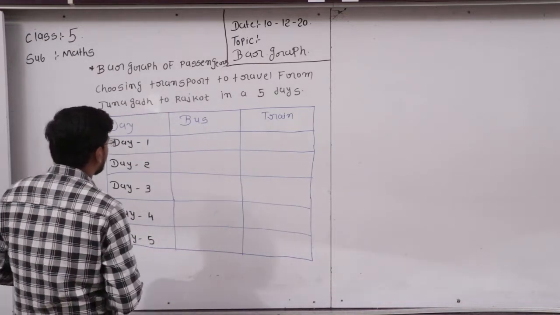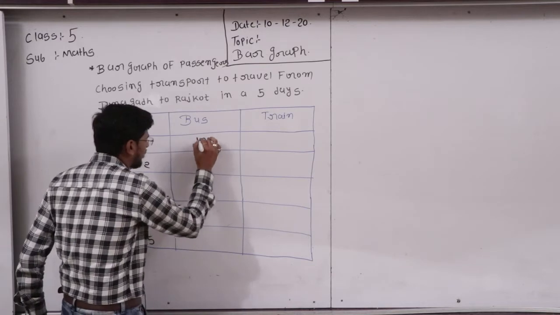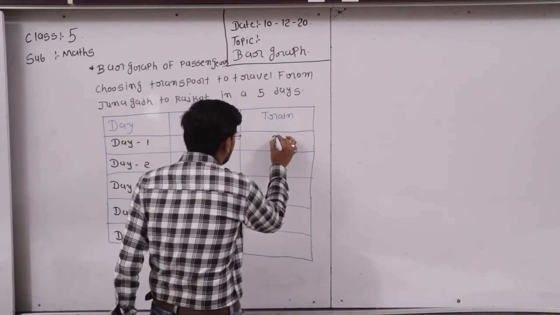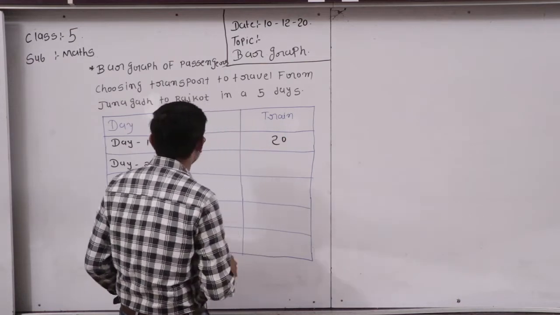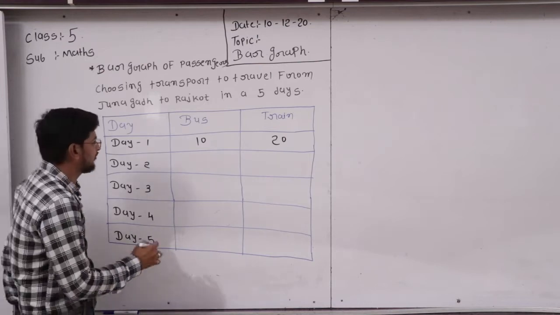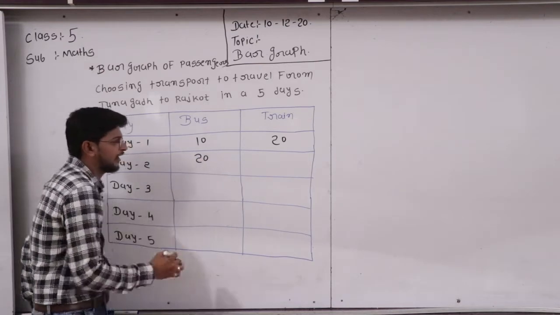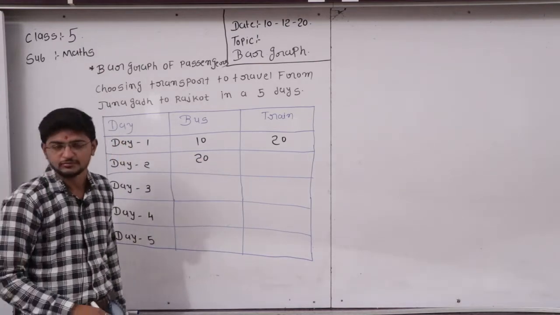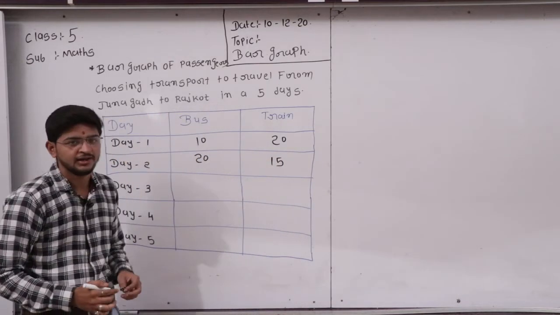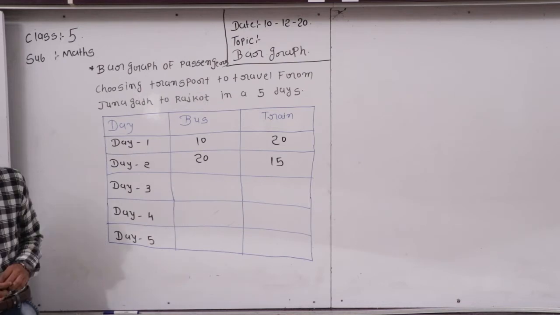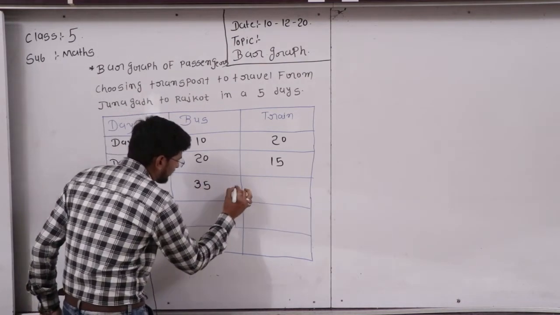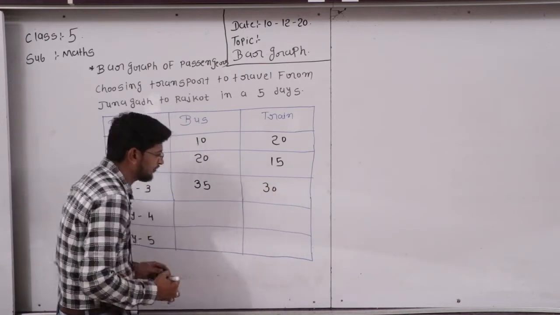On day 1, 10 passengers choose bus and 20 passengers choose a train to travel from Junagadh to Rajkot. On day 2, 20 passengers choose a bus and 15 passengers choose a train. Day 3, 35 passengers choose a bus and 30 passengers choose a train.